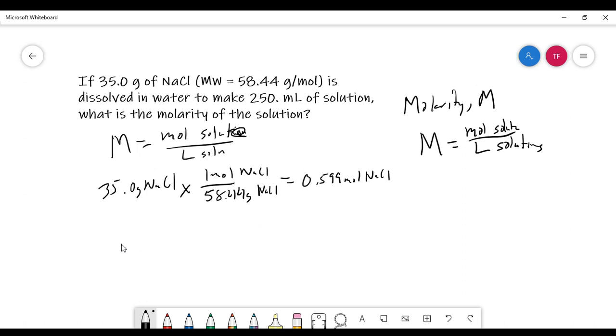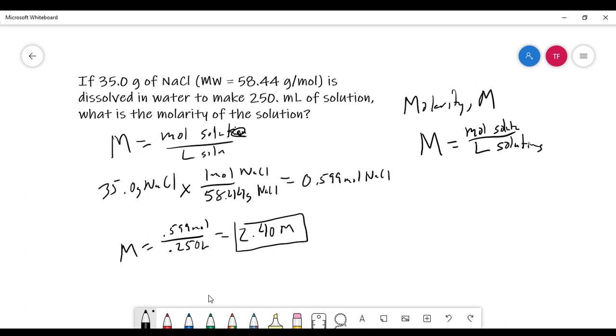Okay, so now to calculate the molarity, we're simply going to plug in our moles, 0.599 moles, and divide that by the total volume of the solution, which is 0.250 liters, because we moved the decimal over 3 places to get liters from milliliters. When you do that, you should end up with 2.40 molar, and the capital M is pronounced molar. So that's how we can calculate the molarity of the solution.